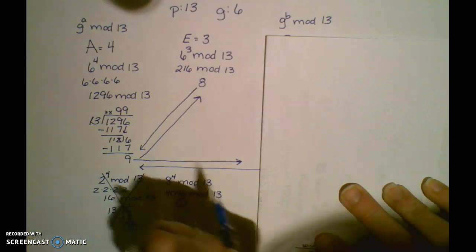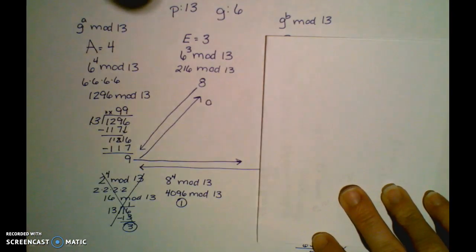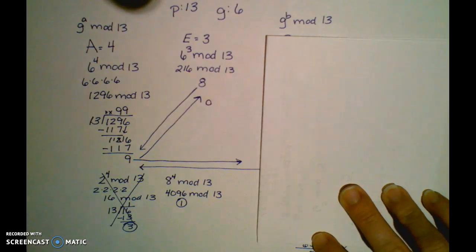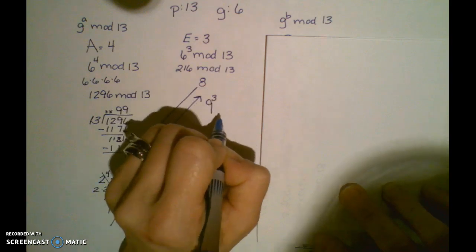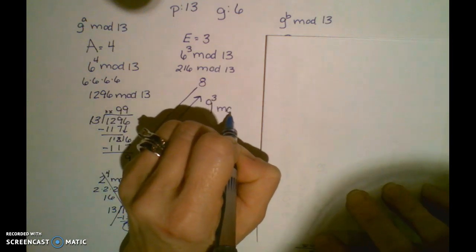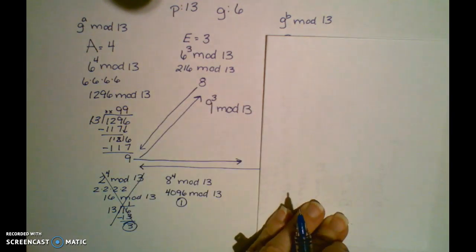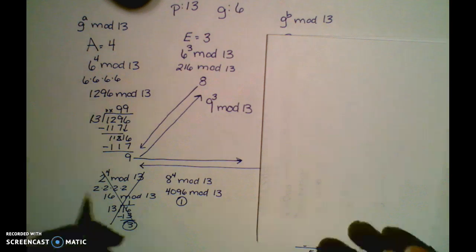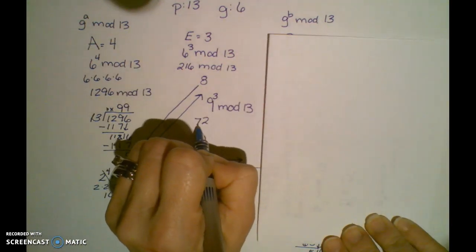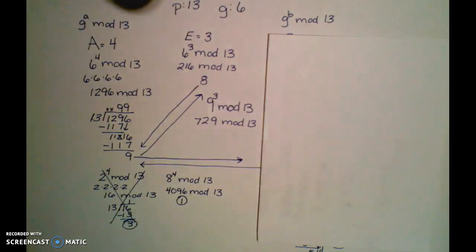And Eve is going to take that 9 and raise it to her secret number, mod 13. Okay, so what Eve is going to do is take that 9 times 9 times 9 and get 729 mod 13.